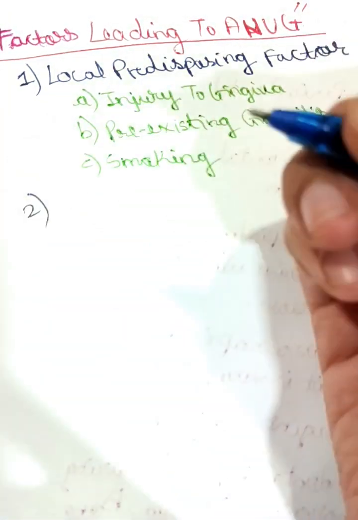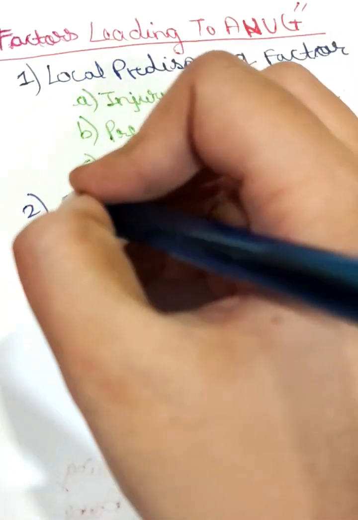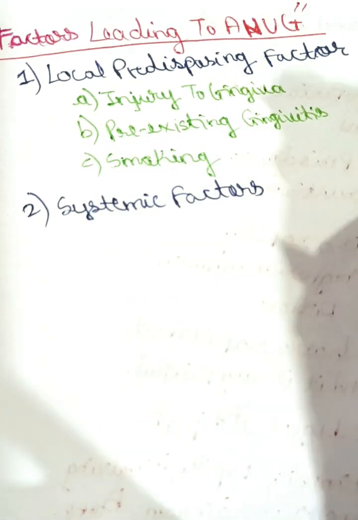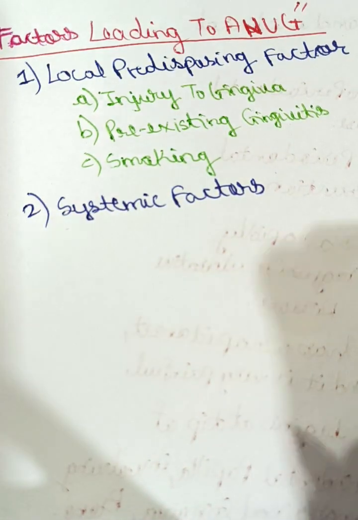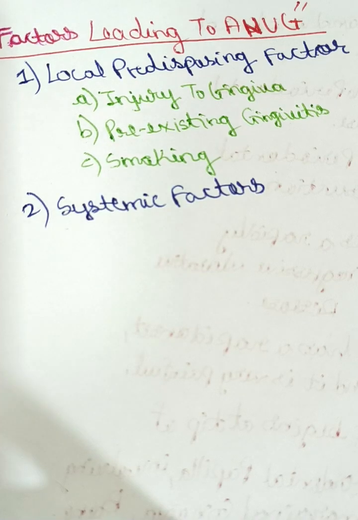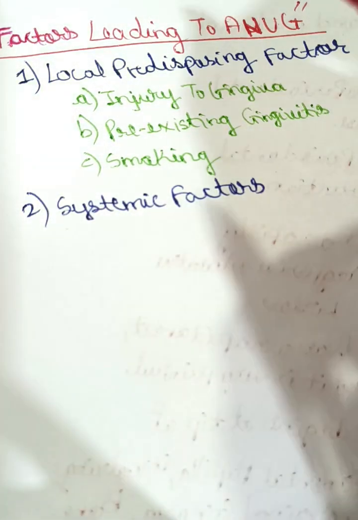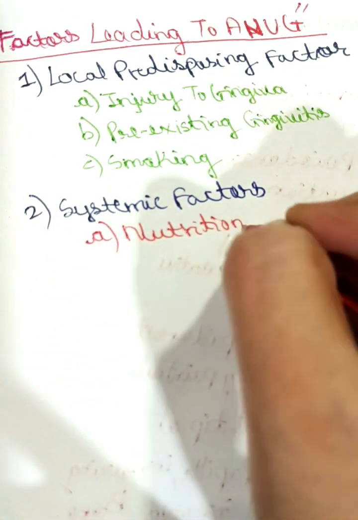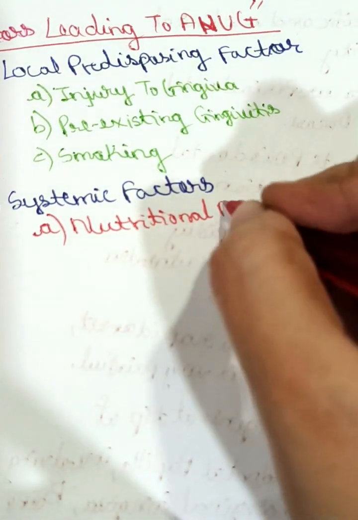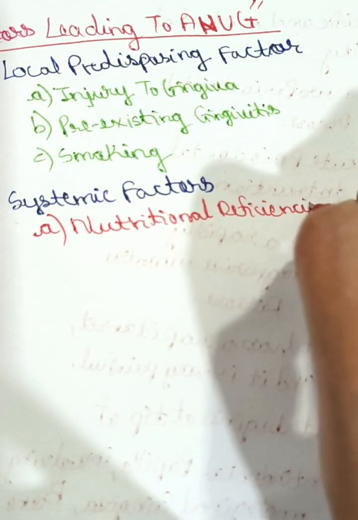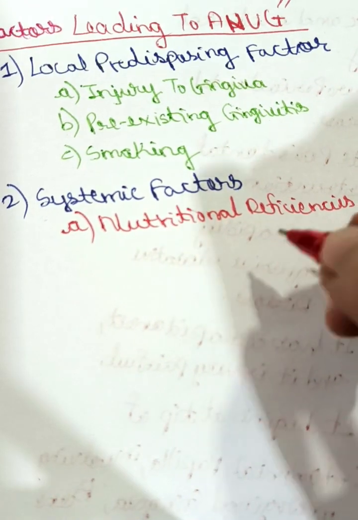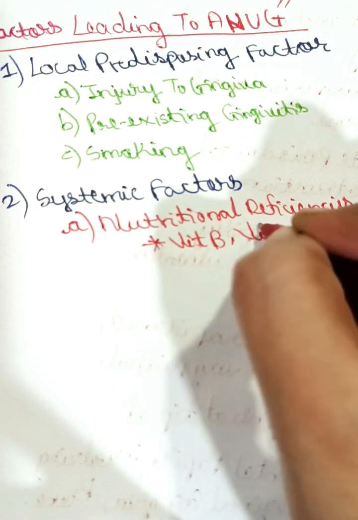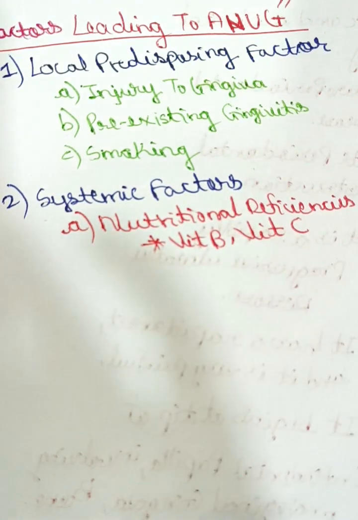Now second comes the systemic factors. Systemic factors involve the presence of nutritional deficiencies, which involve the deficiency of vitamin B and vitamin C mostly.